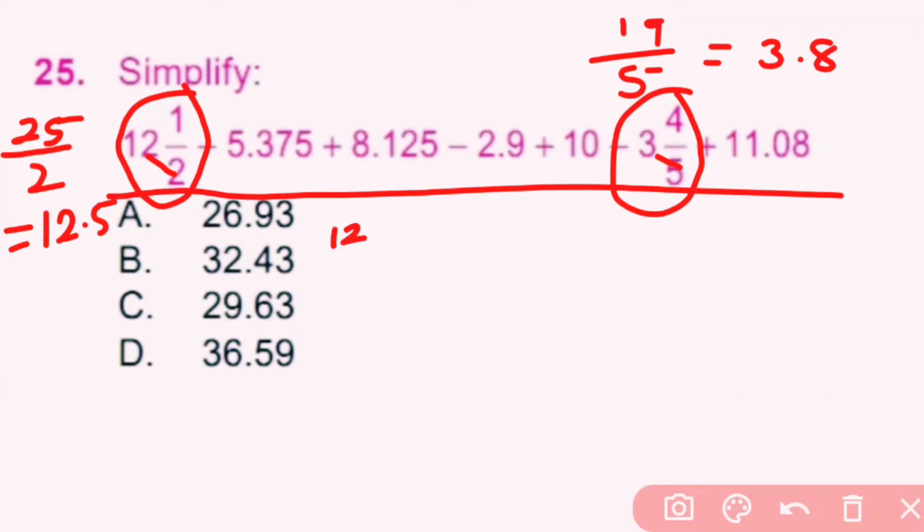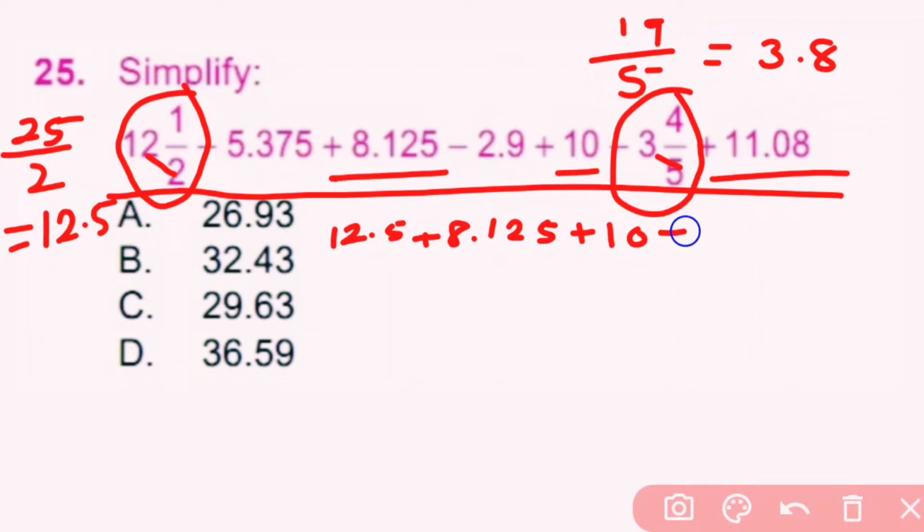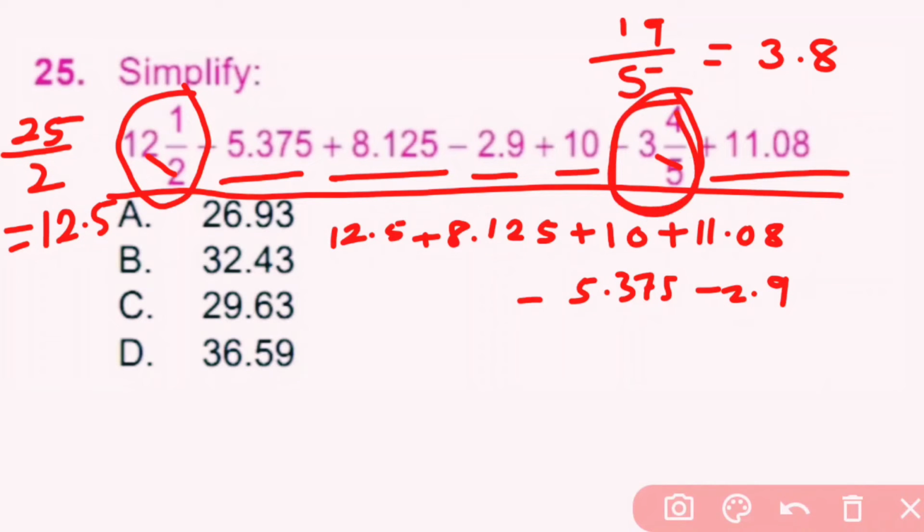So first 12.5, then 8.125 plus this 10 and plus 11.08, and minus 5.375, then minus 2.9, and then minus 3.8.